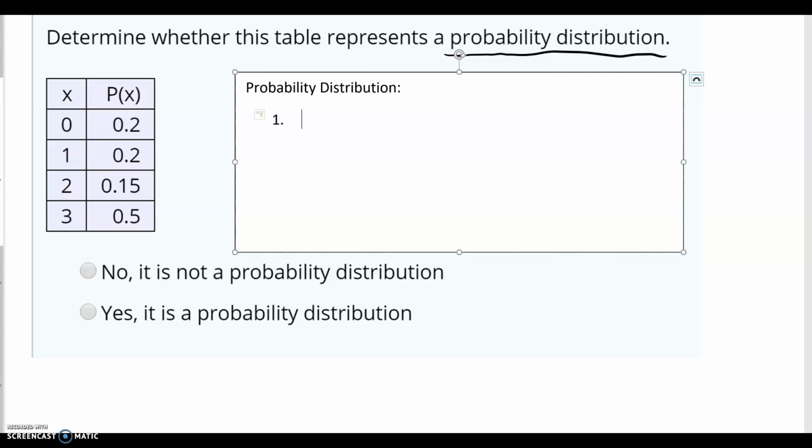Number one, all the probabilities must sum to 1.